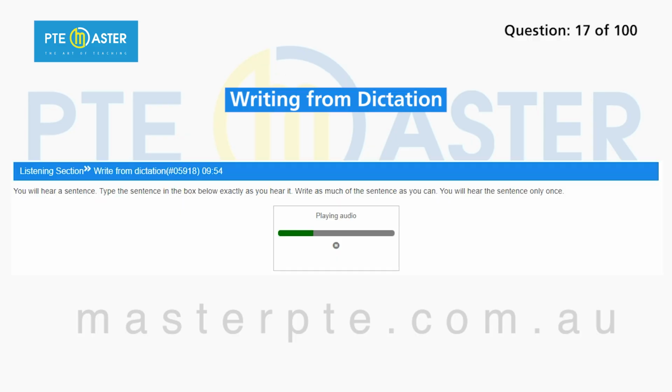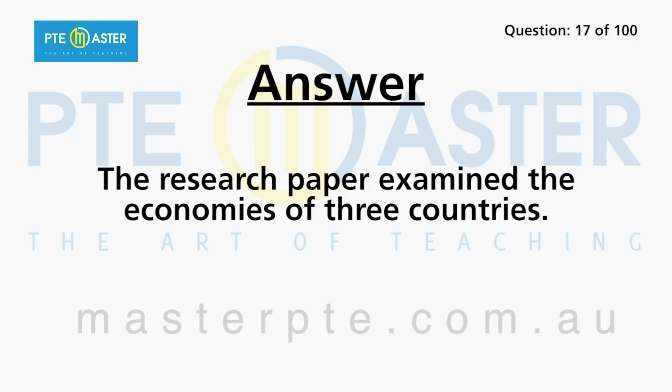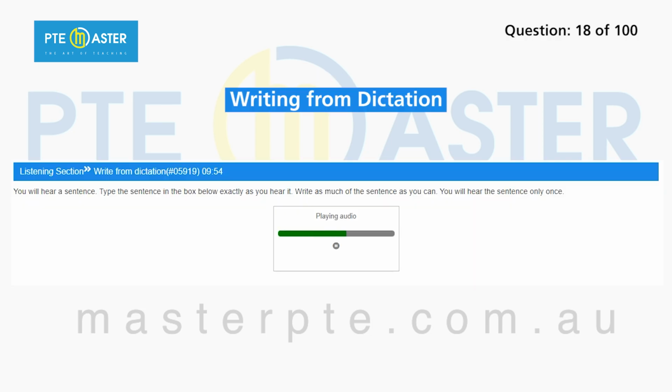The research paper examined the economies of 3 countries. The North Car Park will be closed on Sunday.